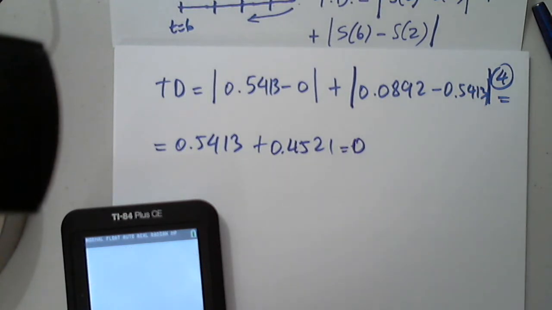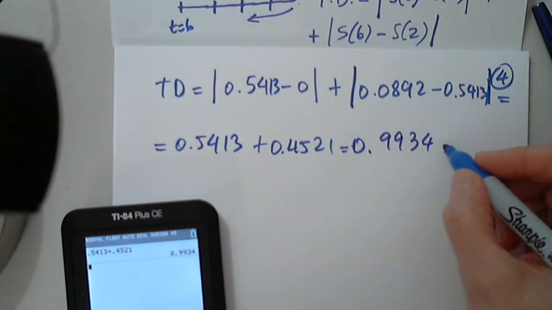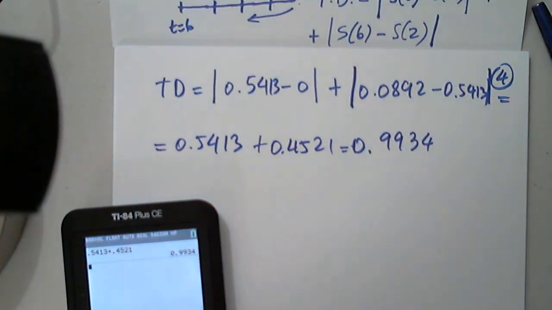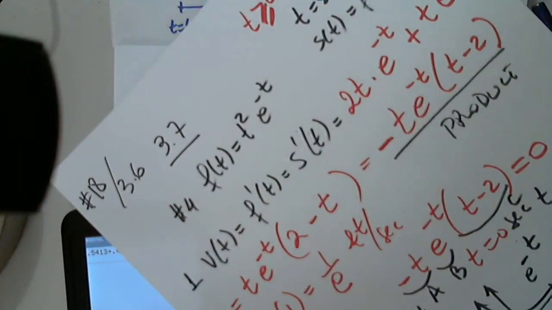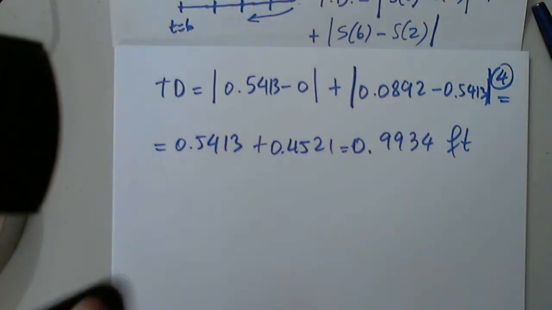No, of course, because he calculated 0.5413 plus 0.4521. I didn't need any calculator for that. 0.9934, and the measurement unit was feet. Feet and seconds. Okay. And this is the total distance covered between second 0 and second 6.